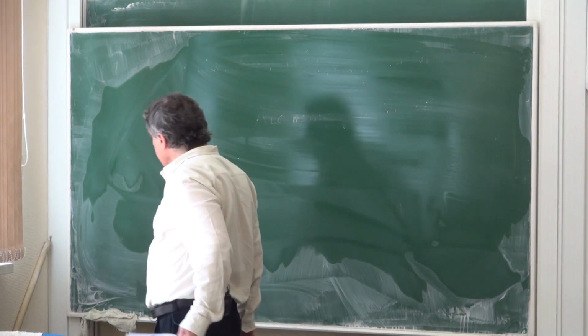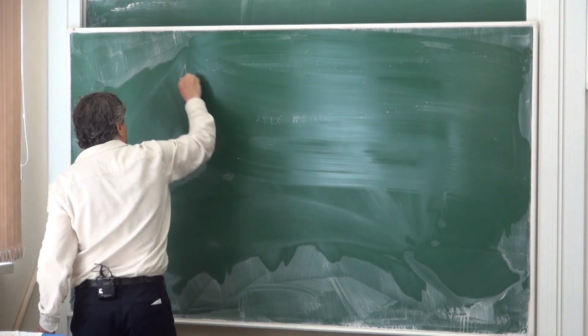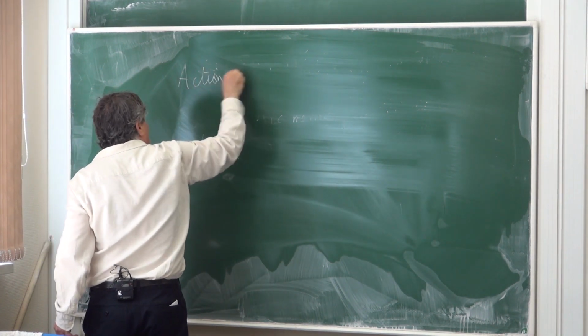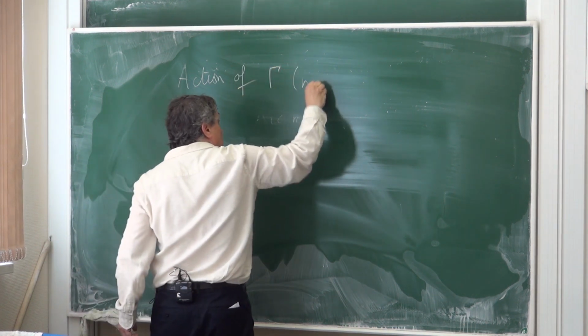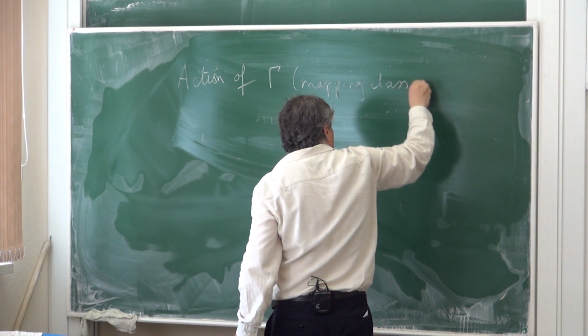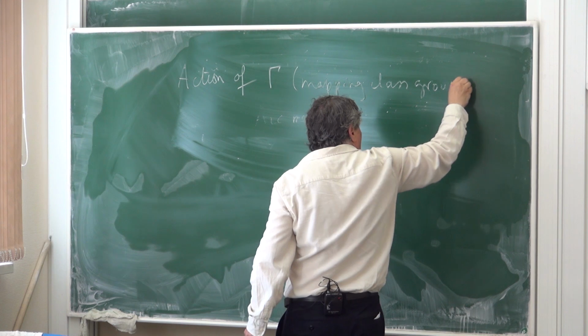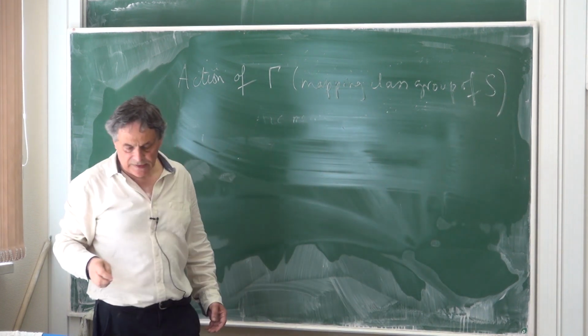So let me tell you. There's this action of gamma. Let's call gamma the mapping class group of S. Okay, so what about this action? What can we say about this action?